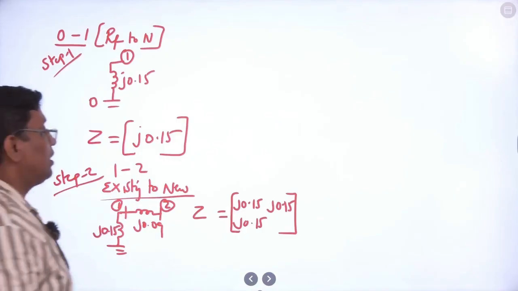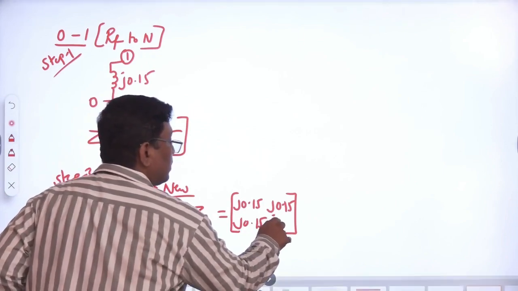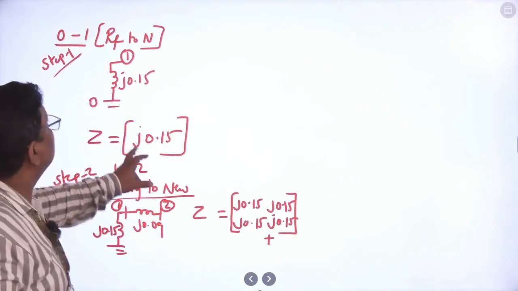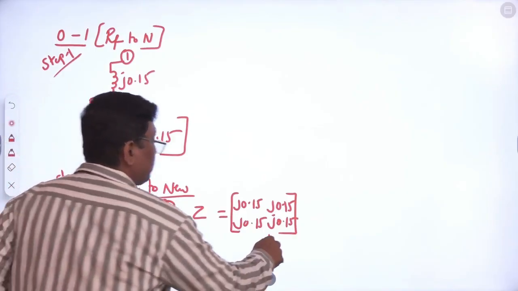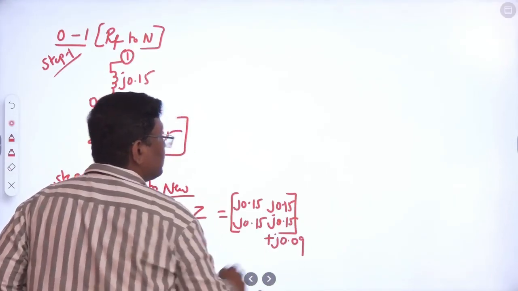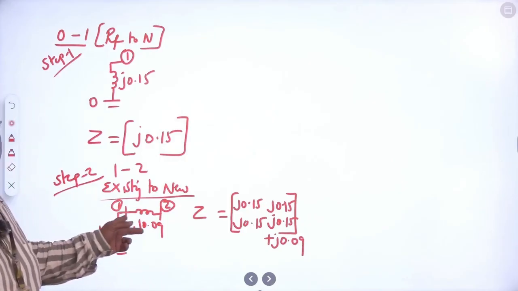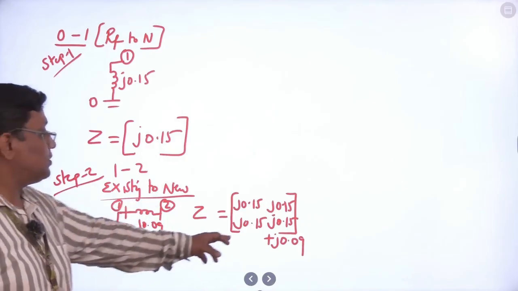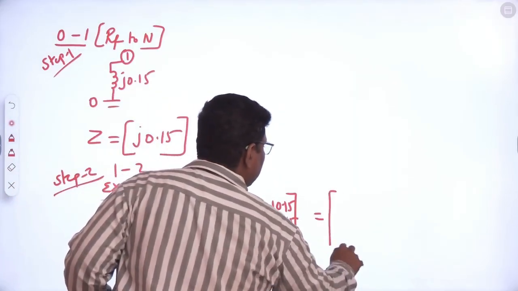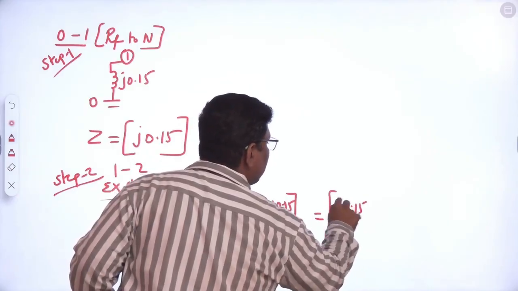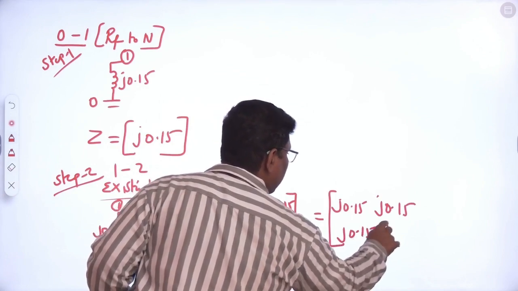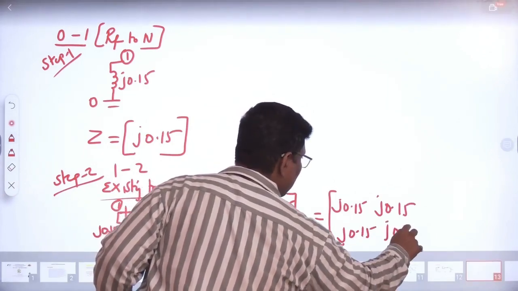Similarly, in the second row and second column, the value is added with 0.09. So the previous value is added with the value available between 1 and 2, that is j0.09. So Z bus is j0.15, 0.15, 0.15, and the next one is 0.24.